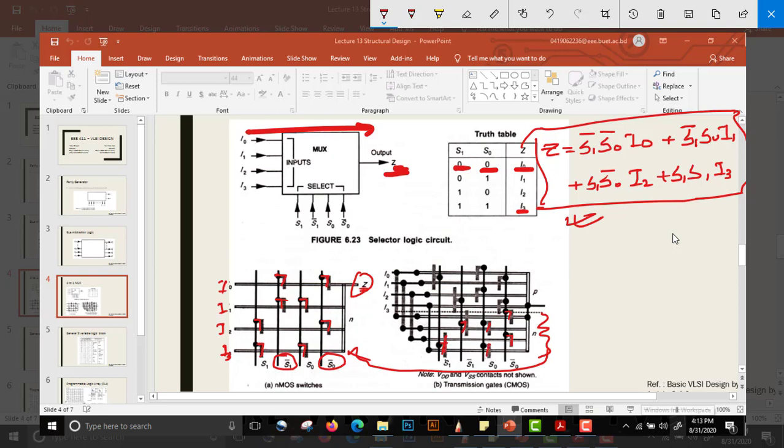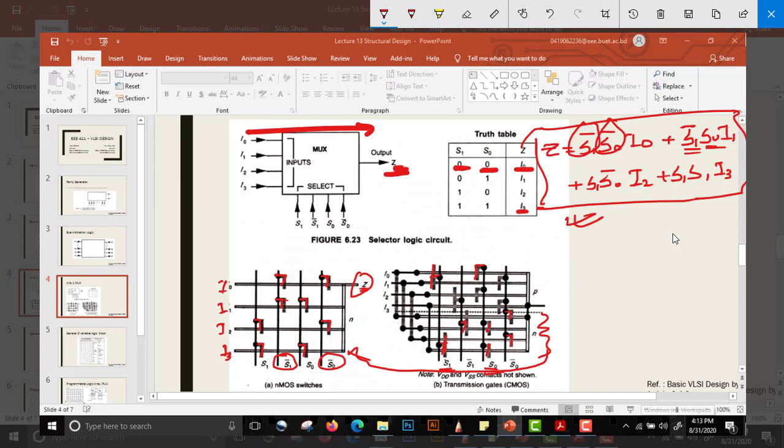Now the pull-up network will just act oppositely. Everything will be inverted. I0 will be for S1 and S0. We see I0 is selected for S1 and I0 is again selected for S0. I1 will be selected for S1 and S0 bar.